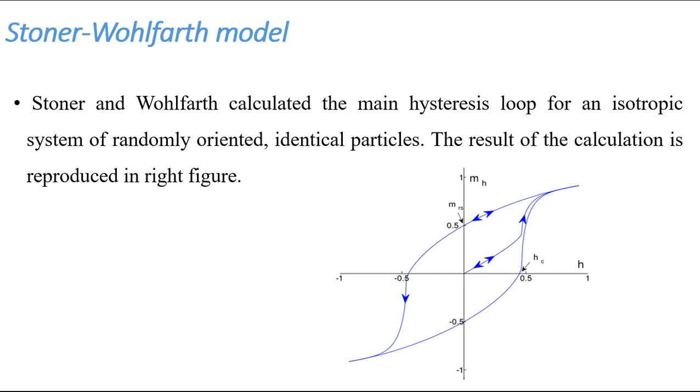If we add up all these curves, from zero angle to the maximum angle, the result of the calculation is reproduced in the right figure, which is very useful for simulating nanoparticle systems that are oriented randomly.